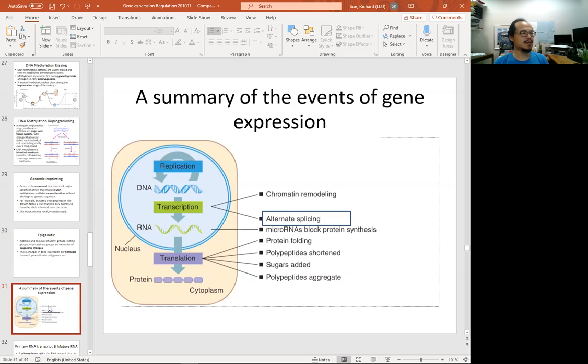So this one is a summary of this gene remodeling. We basically finish it. In the end, we have some other little things we need to talk about, but the major part we talked about here is chromatin remodeling. Two types: one is histone modification and the other is DNA modification.